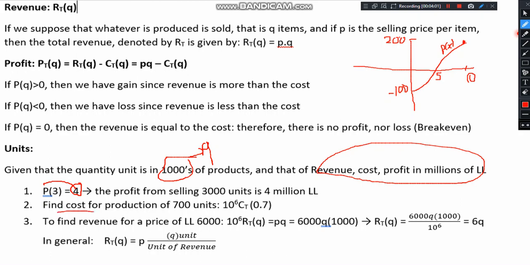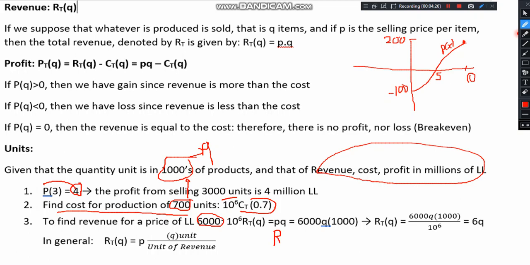Suppose I want to find the cost of producing 700 units. I don't put 700 inside; I divide 700 by 1,000, so it will be C of 0.7, and we multiply it by a million because the cost is in millions. Concerning the revenue, suppose we sell each item for 6,000 Lebanese lira. How do we find the revenue?